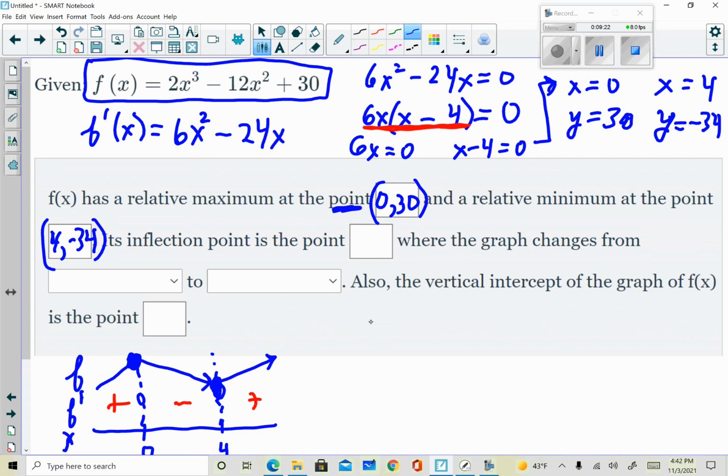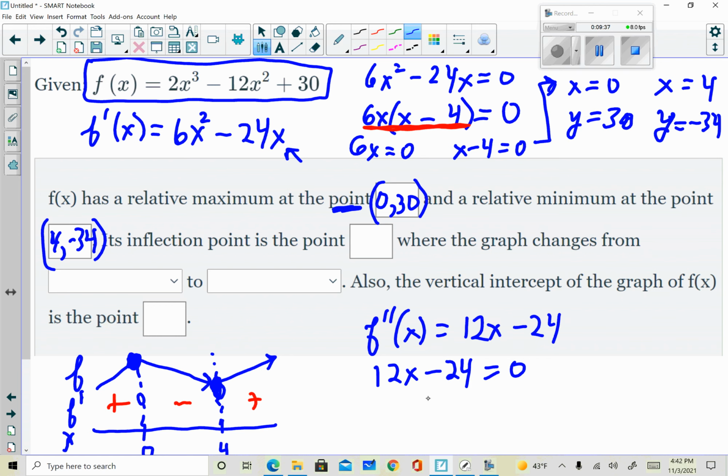For the inflection point, we need the second derivative. The derivative of the first derivative is 12x minus 24. The second derivative, 12x minus 24, is equal to 0 when we add 24 to both sides and divide both sides by 12.